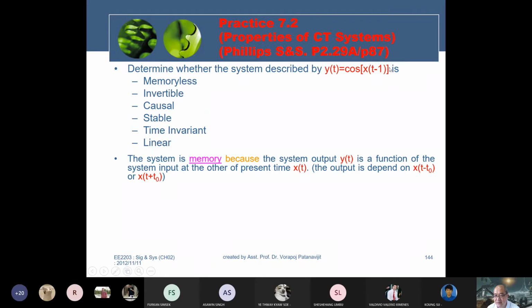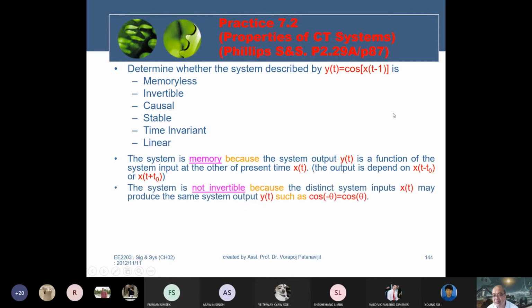If it's already in a time-shifted version, it means the system has memory. Therefore, the system has memory because the system output y(t) is a function of the system input at times other than the present time.